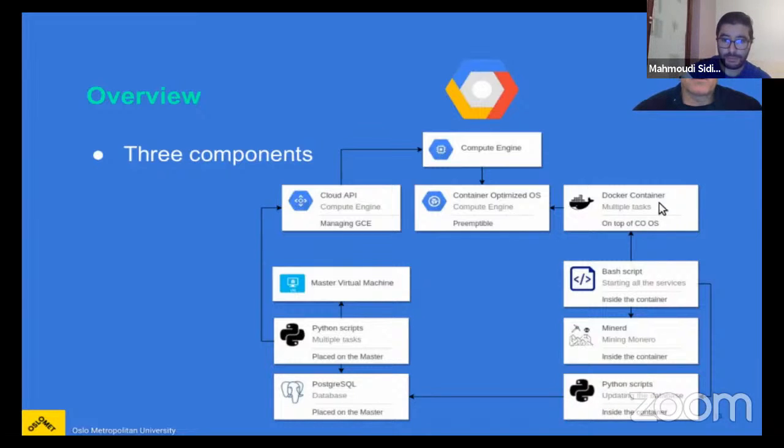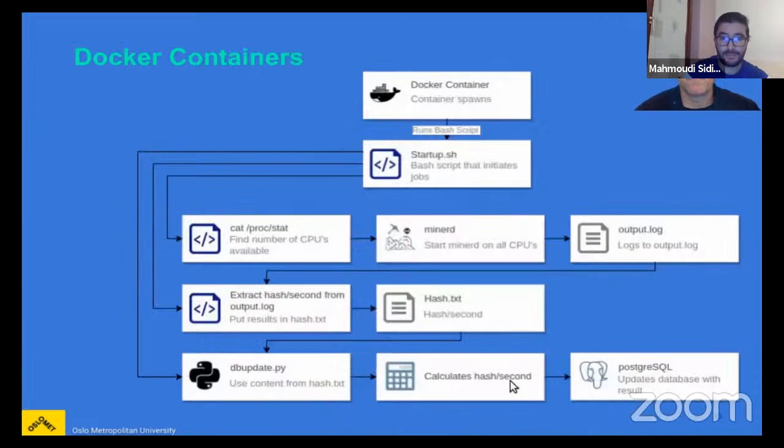And the third part is the Docker containers. They run inside VMs, and inside these containers the MinerD software is running, and also Python scripts which all the time update the databases with the latest results.